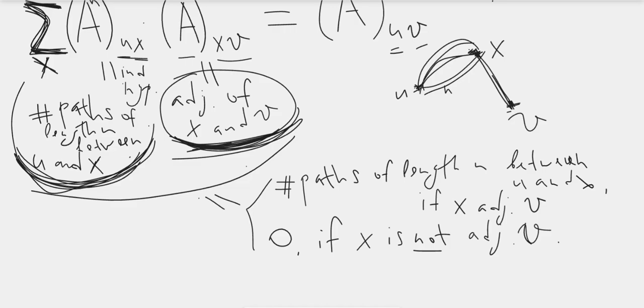So each term in the sum is either the number of paths between u and x, if there is an edge from x to v, or it's 0.